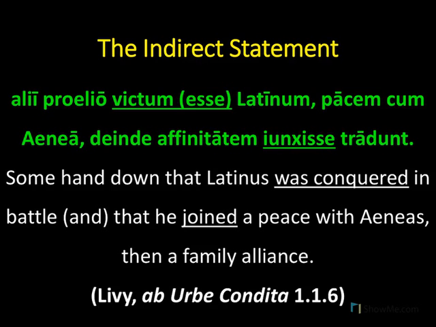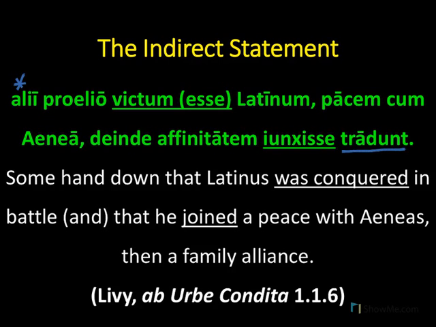Livy says, Alii proelio victum esse Latinum, pacem cum Aenea, deinde affinitatem junxisse tradunt. Here, our head verb is at the very end of the sentence, tradunt. They hand down. Our subject is alii, all the way at the beginning of the sentence.